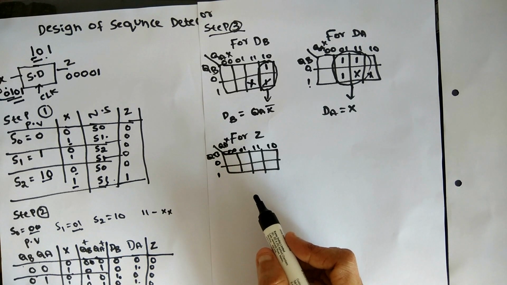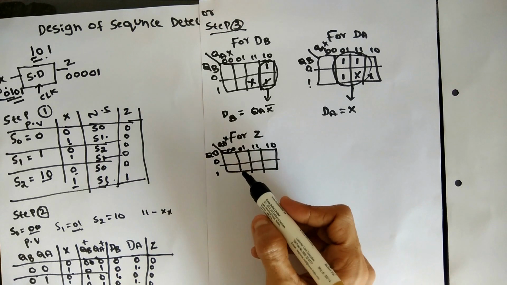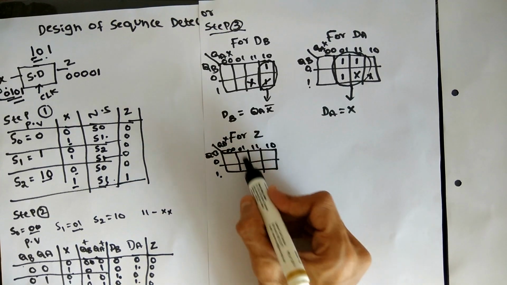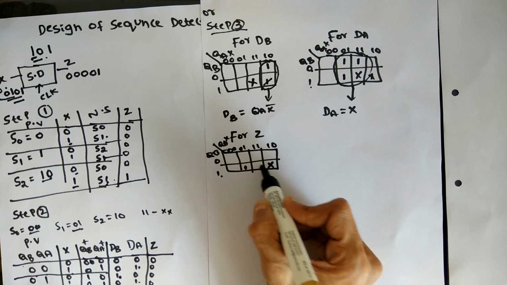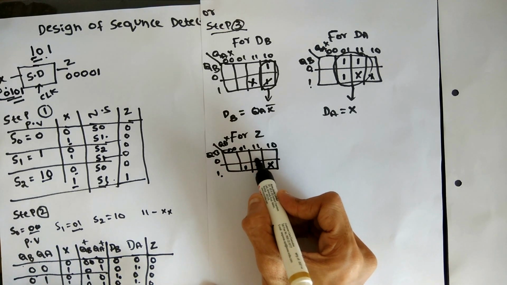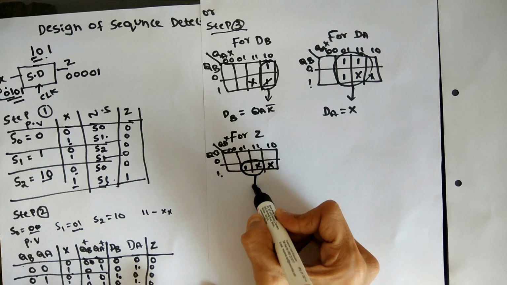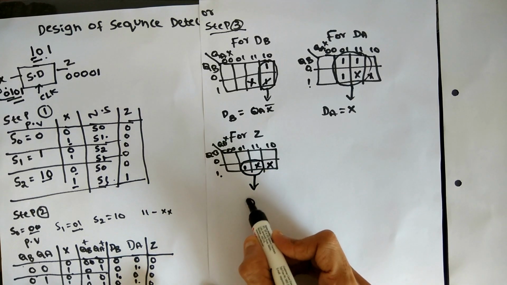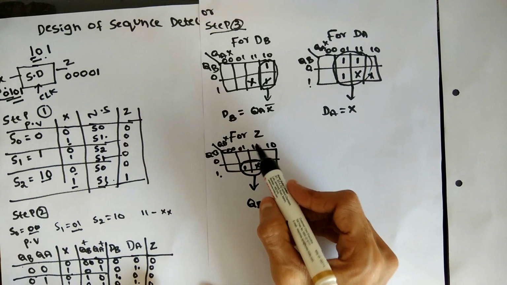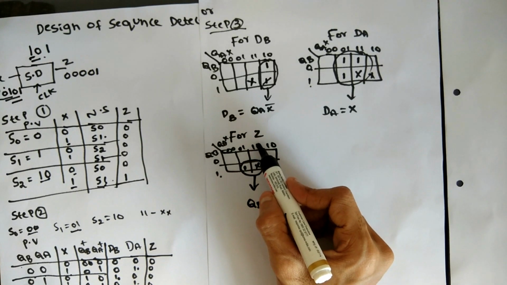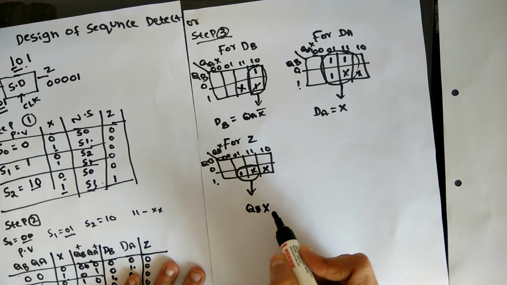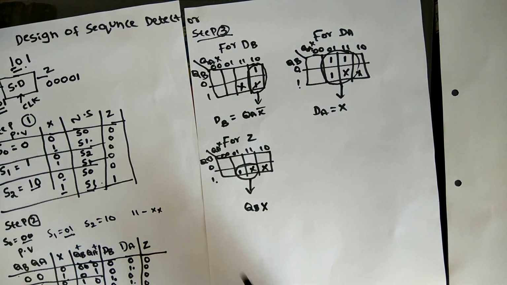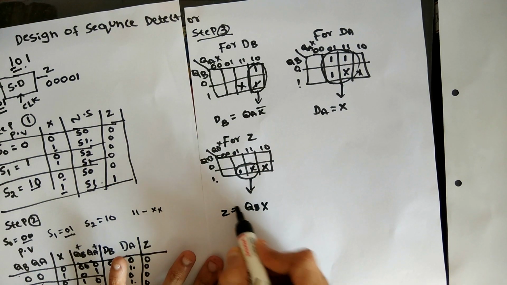Z is high at the condition 1 0 1, and the other conditions 1 1 0 and 1 1 1 are don't care. So we can take this portion. Here QB is high, take QB, and the 1 is common here, so it is QB into X. So these are the formulas for DA, DB and Z.